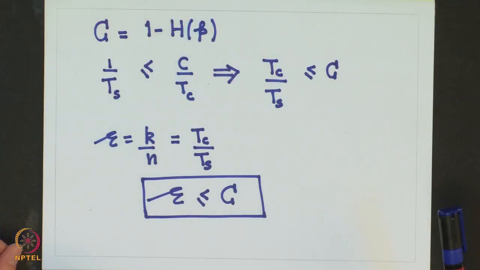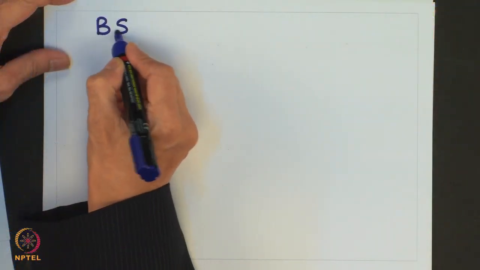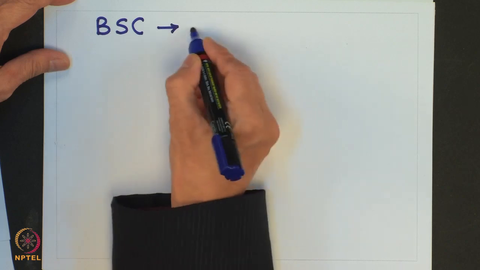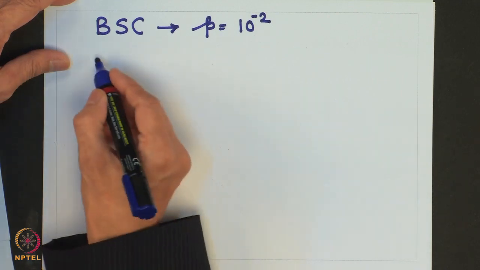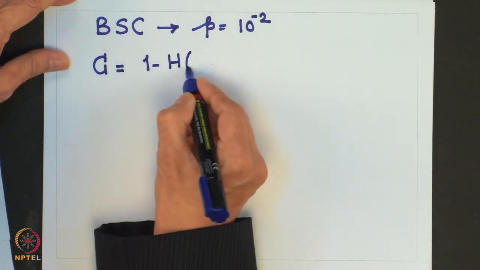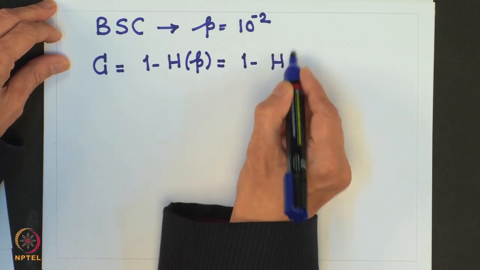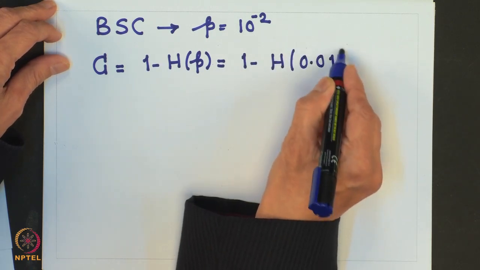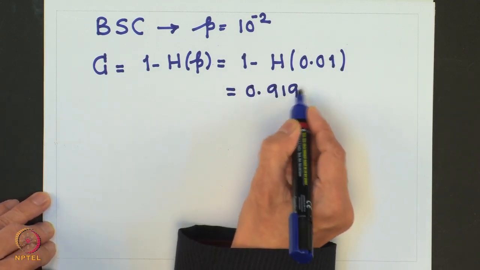So, now let us take an illustrative example to highlight the significance of this channel coding theorem. Let us say we have a binary symmetric channel with transition probability 10 raised to minus 2. For this channel we can calculate the channel capacity as 1 minus the entropy function, which is 1 minus h of 0.01, and this comes out to be 0.9192.